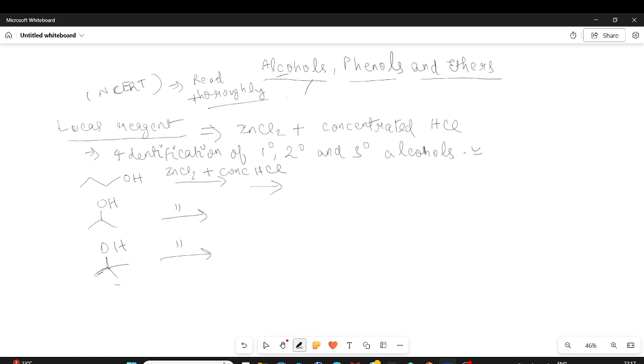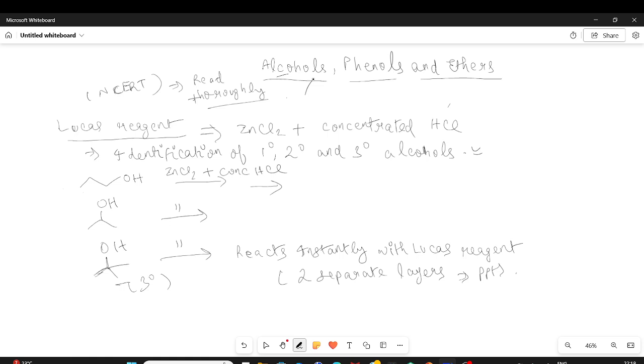This 3 degree alcohol reacts instantly with Lucas reagent. It reacts instantly, and you get to see two separate layers and basically a precipitate settling down.